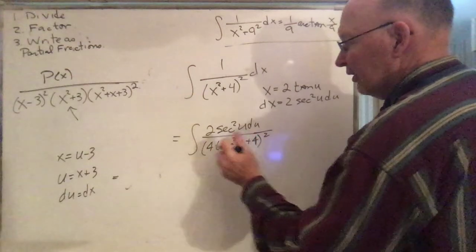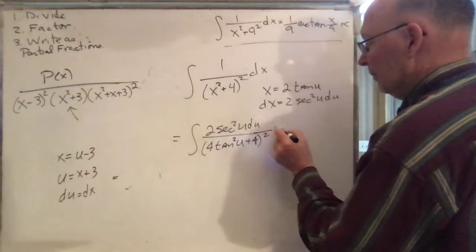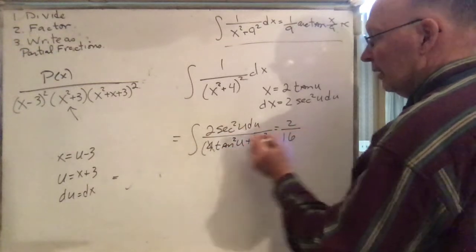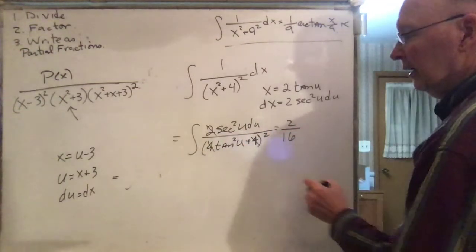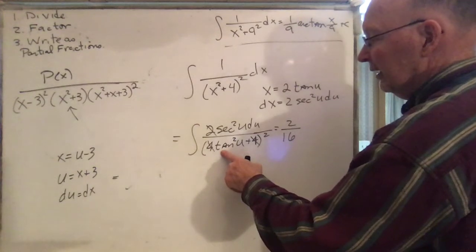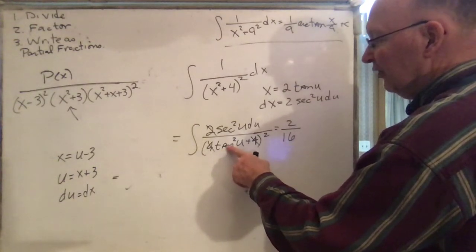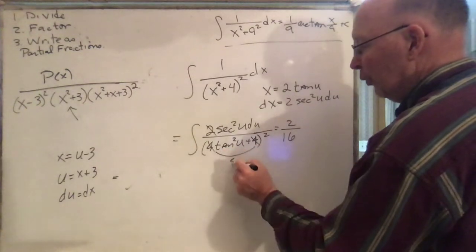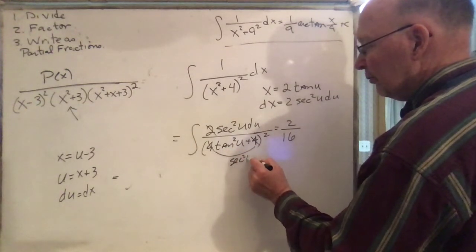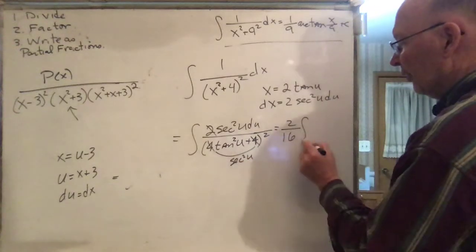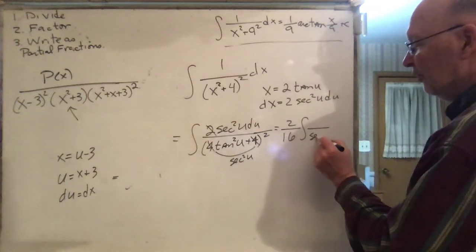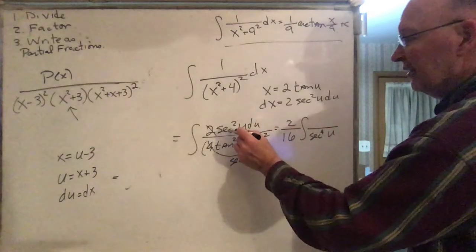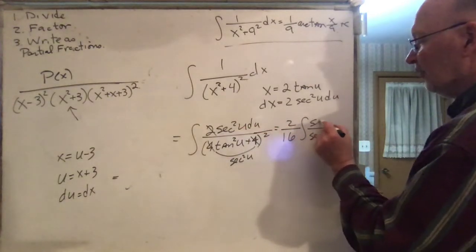When I factor it out, it's going to come out as a 16. This 2 can come out. All those go away. Now I have a, what? I have a tangent squared u plus 1. And tangent squared u plus 1 is secant squared. And here it's secant to the 4th. So it's going to be secant to the 4th on the bottom. Up on top here, I still have a secant squared.